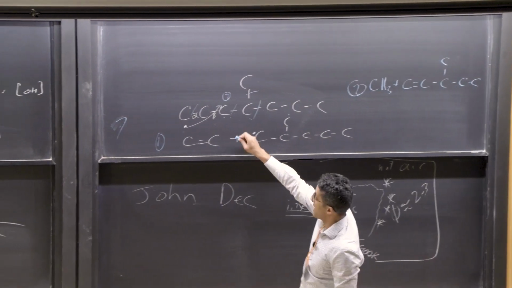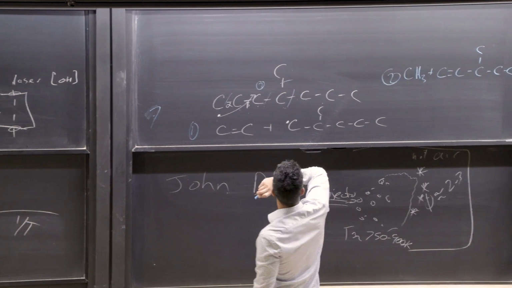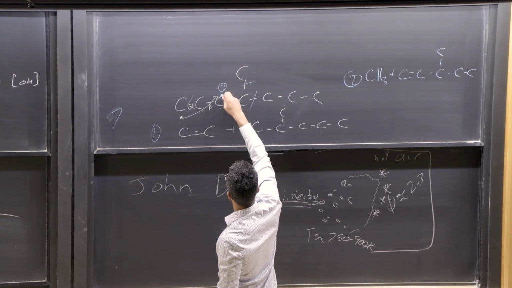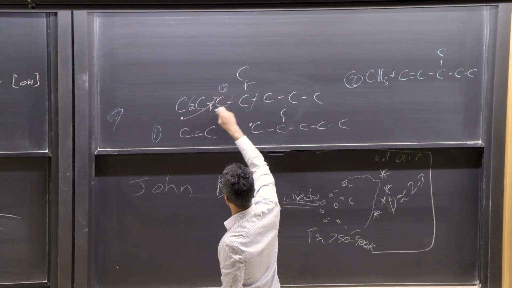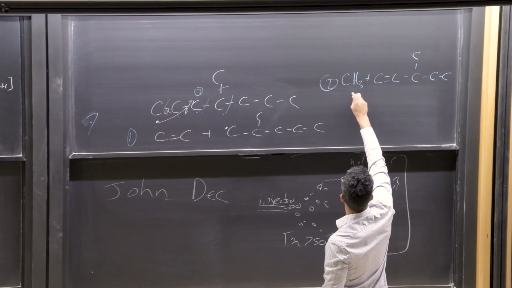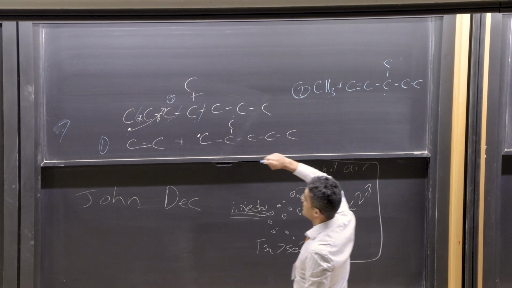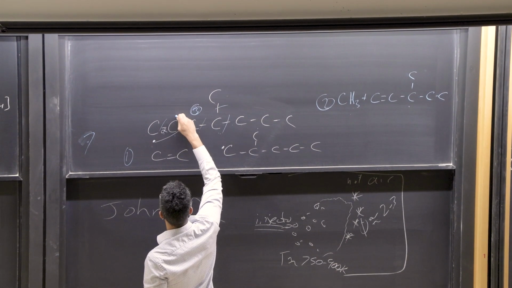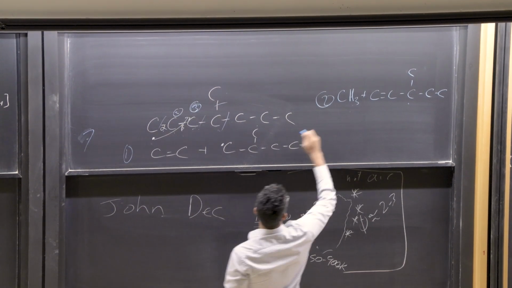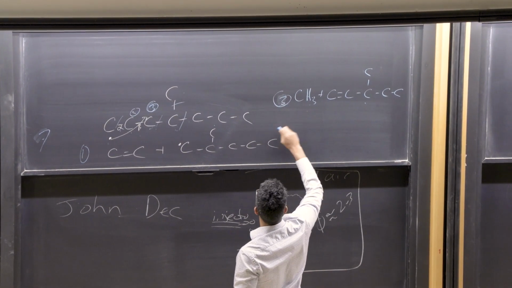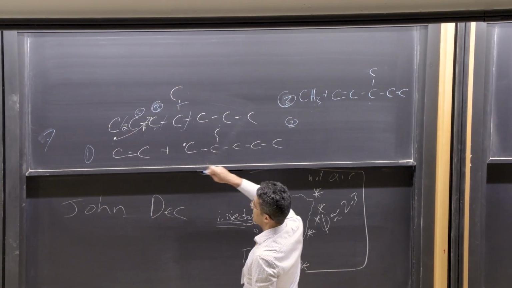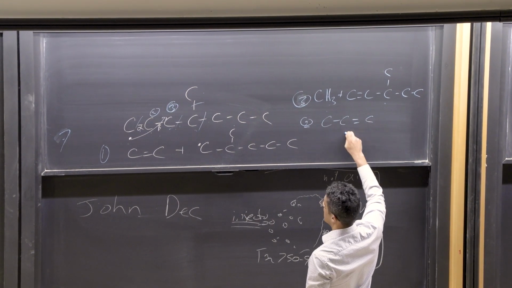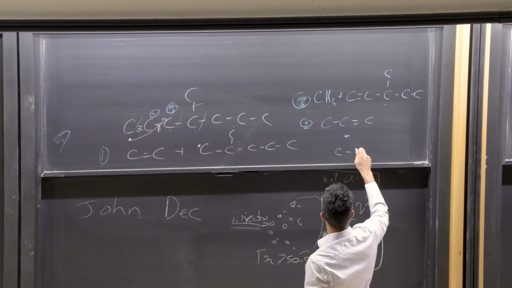So remember, if the radical was here, this would have been the third one. If the radical is here, one side, you could have made this CH3 plus 2-methylalkene. Let's say the second one was here. The second one would have made propene plus an alkyl radical.